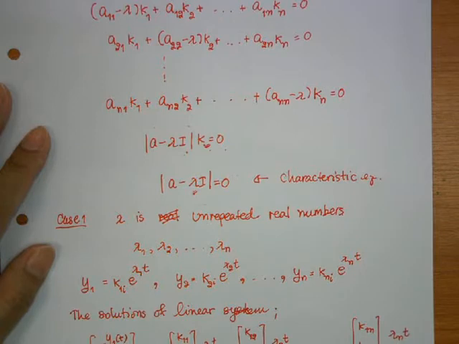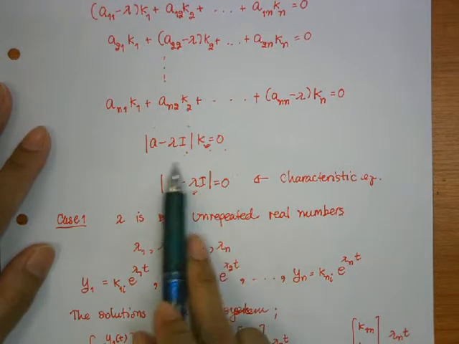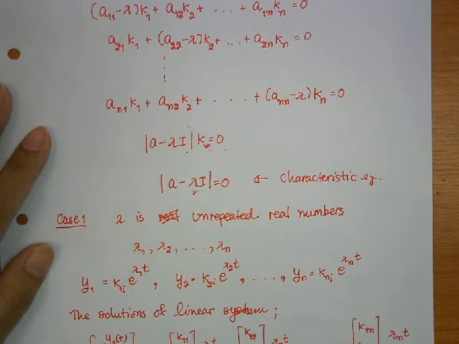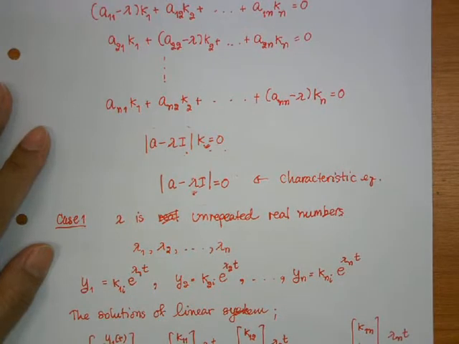How do you get n values of lambda? From this characteristic equation. The idea itself is pretty much the same as the previous chapter that we have learned. But the difference is that with the linear system, you have n terms of y, so you would get n values of lambda.